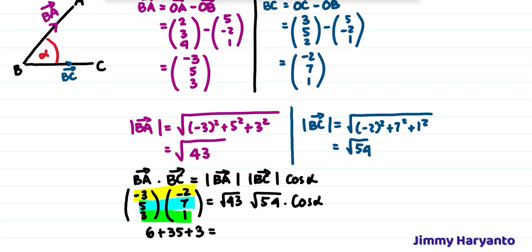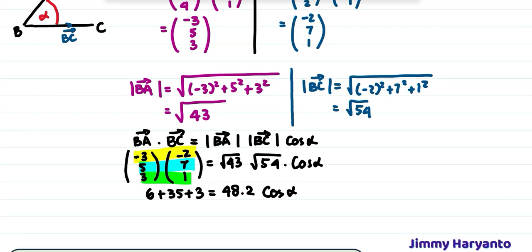Wait a minute, it's around 48.2. Yeah, the numbers are not so good, so I think this one can be calculated using a calculator. And then next is 6 plus 35 plus 3 equals 44.